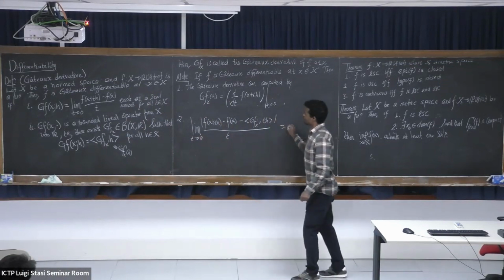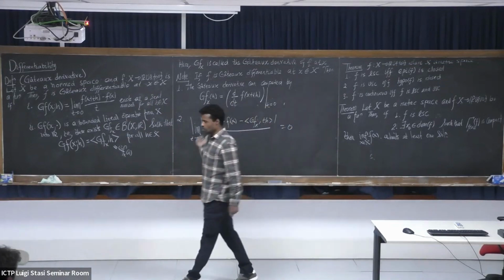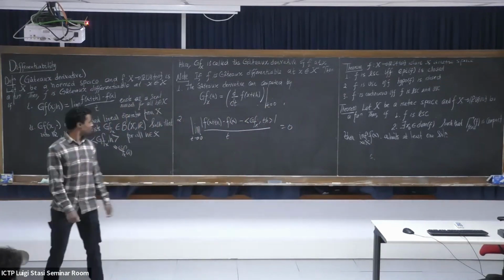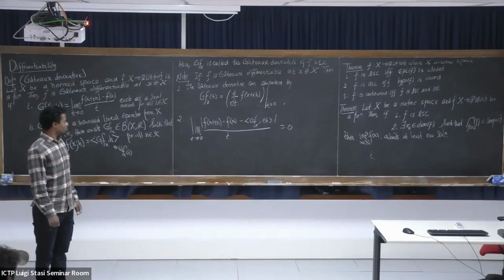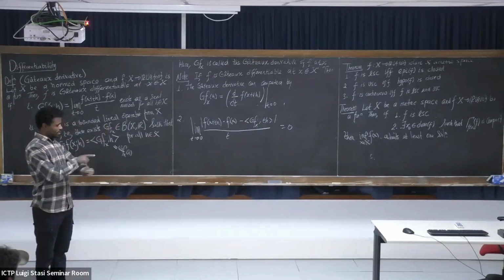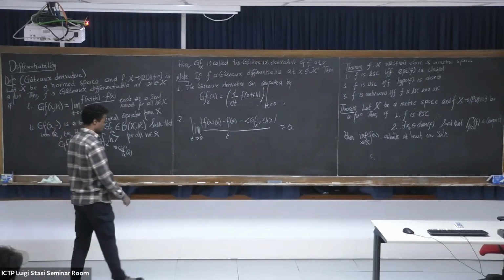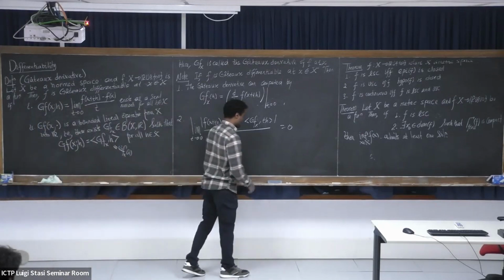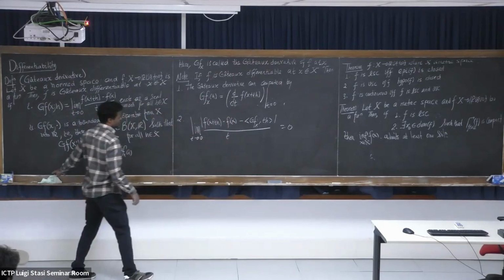This is zero. If it is Gateaux differentiable, this limit is zero. This is very important later when we have a relation between Gateaux and Fenchel.